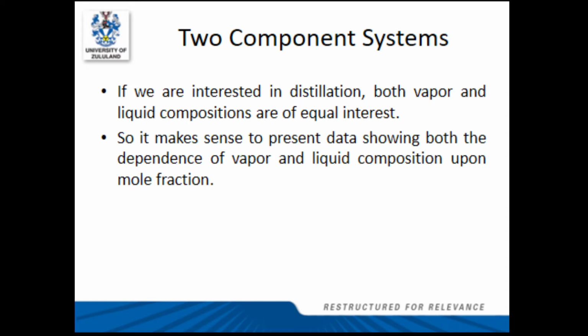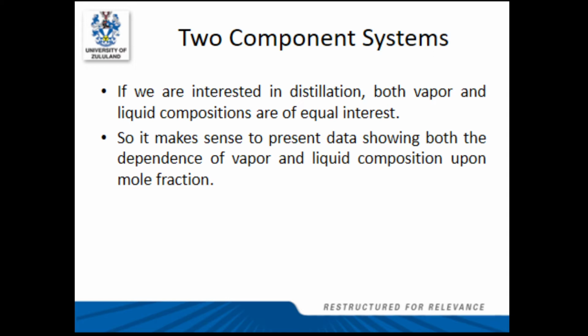Okay, for two-component system, I want us to take an example of distillation, because in this particular example, we can show both the dependence of vapor as well as liquid composition upon the mole fraction.